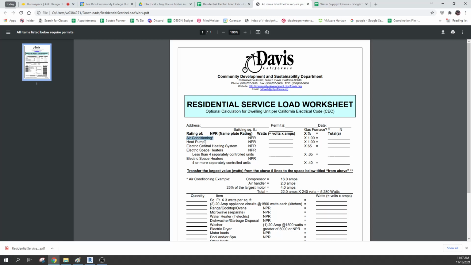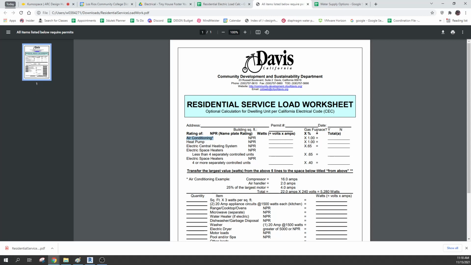Okay, you might have air conditioning and electric space heaters, or air conditioning and a heat pump, or a central heating system. So you'll have to think of how this will be done. And I've got some information for you on that. But you definitely want to be able to fill this all out. Okay? The nameplate ratings in watts.